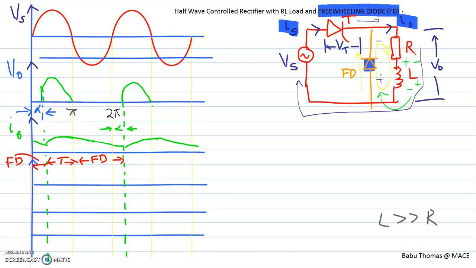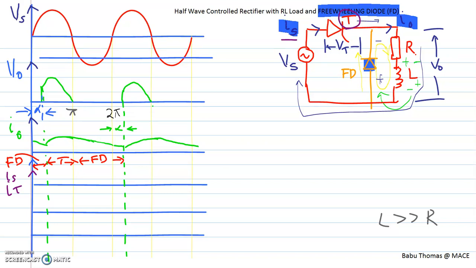Now we will try to plot the source current, and this source current is always the same as your thyristor current IT. So just imagine the source current will be the same as the thyristor current, and that will be when your thyristor T is in the conduction state.